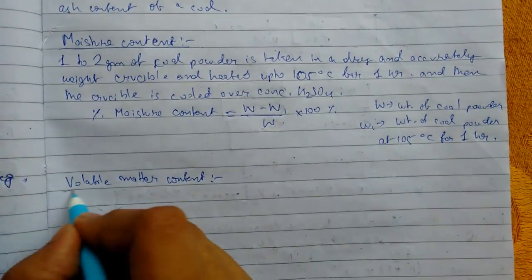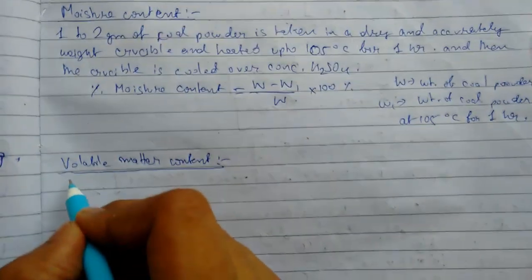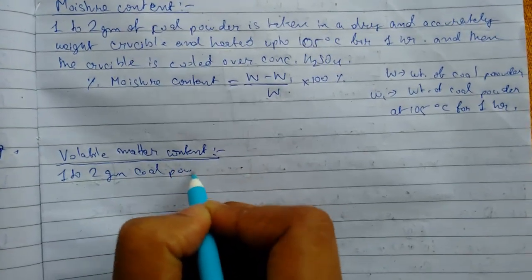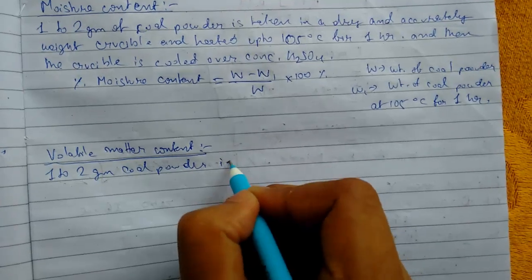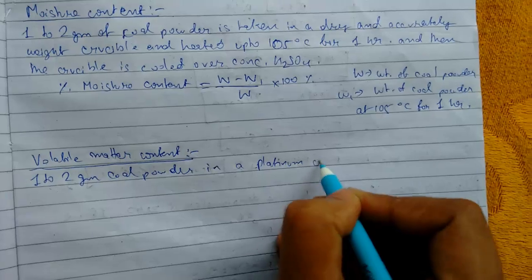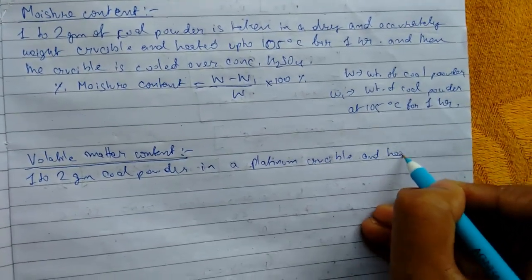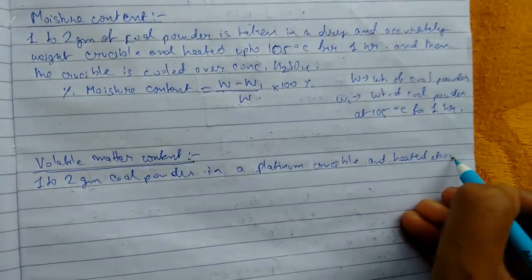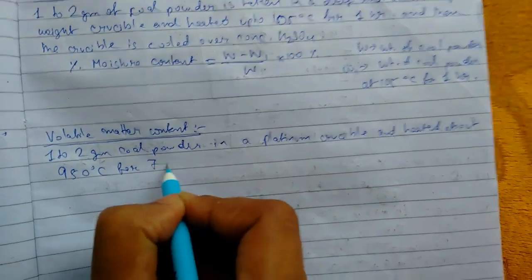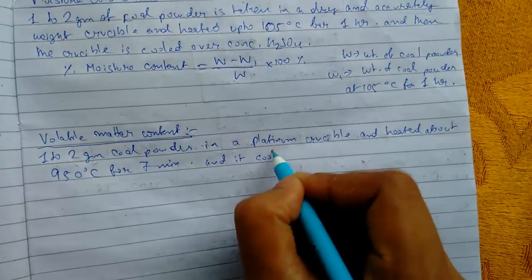This time I will write in short form. 1 to 2 gram of coal powder is taken in a platinum crucible and heated at 950 degrees Celsius for 7 minutes, and it is cooled and weighed in similar manner.